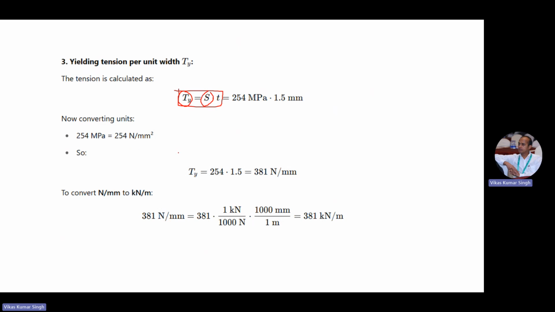If you multiply this, we are going to get 381, and kilonewton means 1000, so we have to multiply on top, and mm is in the bottom, so we have to convert to meters, meaning we divide by 1000 also. The 1000s cancel. So obviously we get the same value, whatever is in Newton per mm, which is the same in kilonewton per meter.